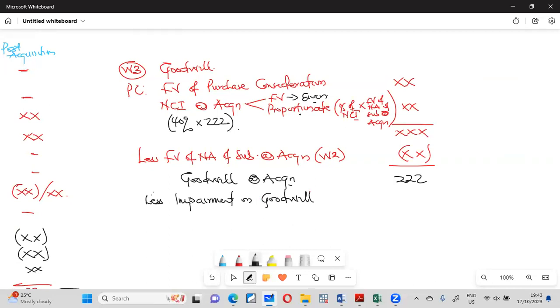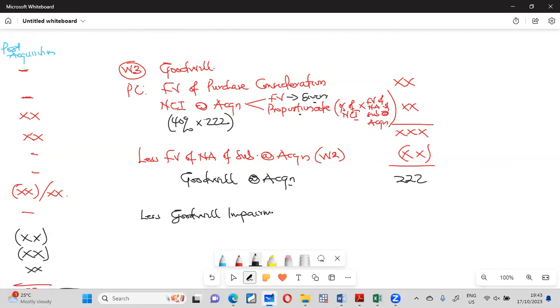But let me say this, because this part is very, very important. Before I even write this, let me just create a space, because there's something I'm going to tell you and it will have its place. So let's say less impairment of goodwill, or let me even call it goodwill impairment.